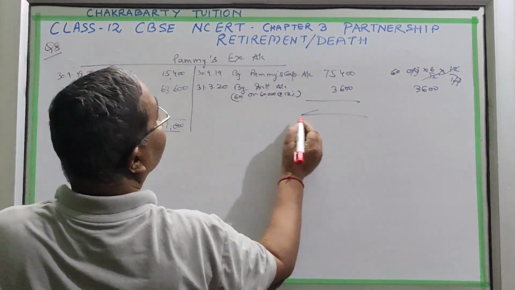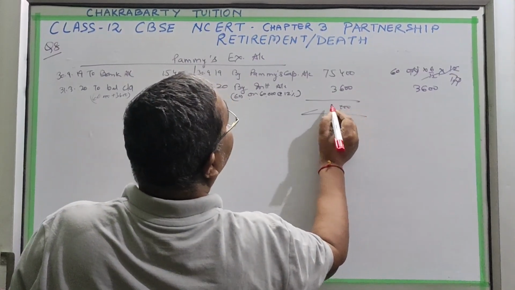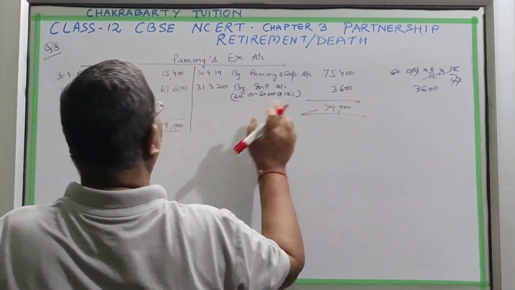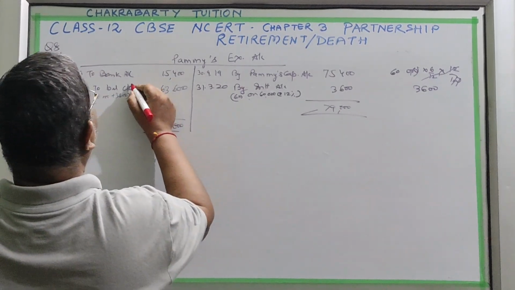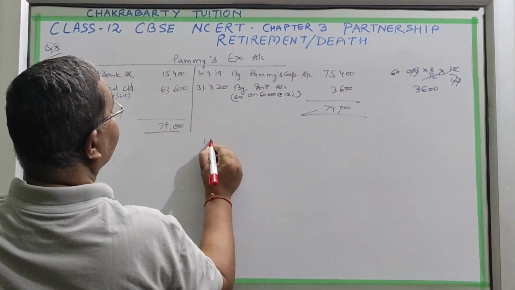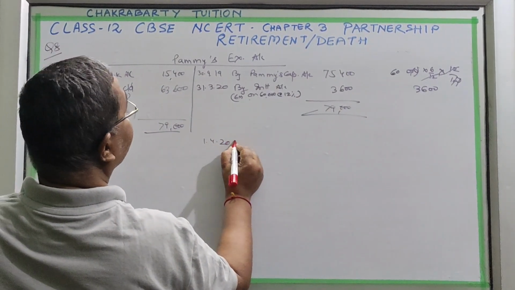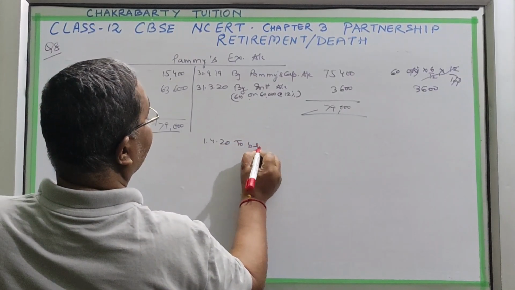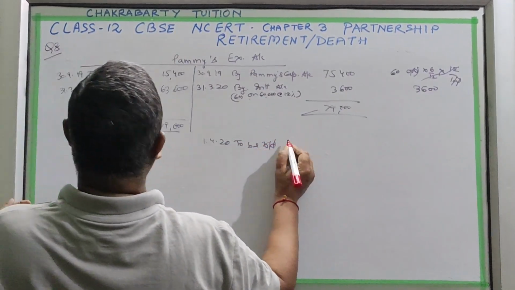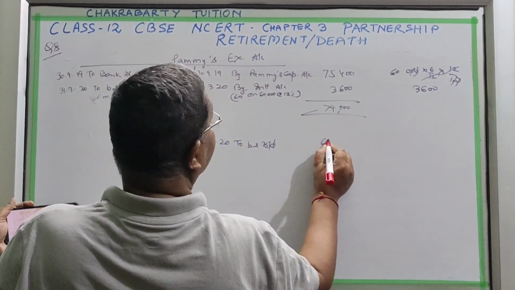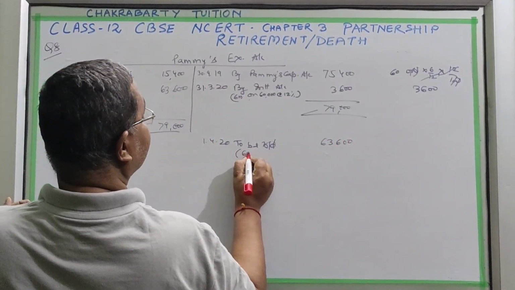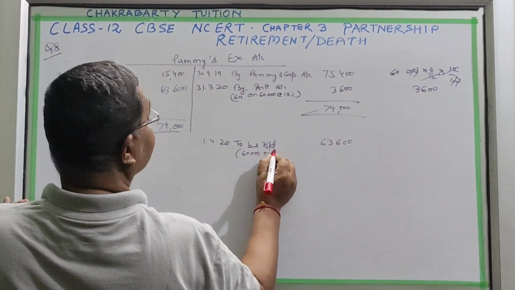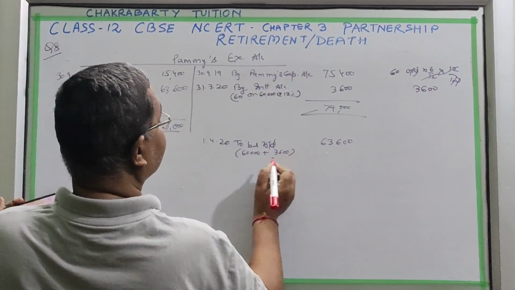And here also. Okay, the position is there. Now this balance will come down: 63,600, which is 60,000 plus 3,600, the 6 month interest.